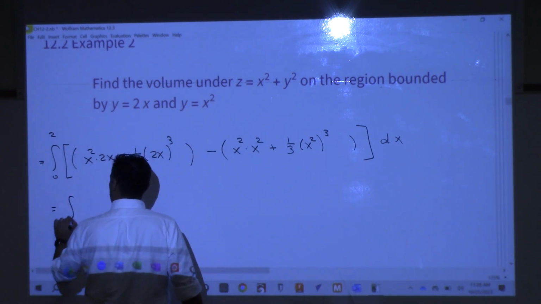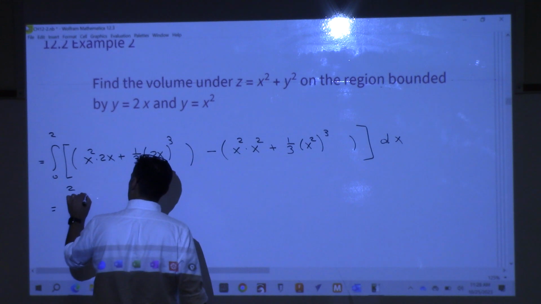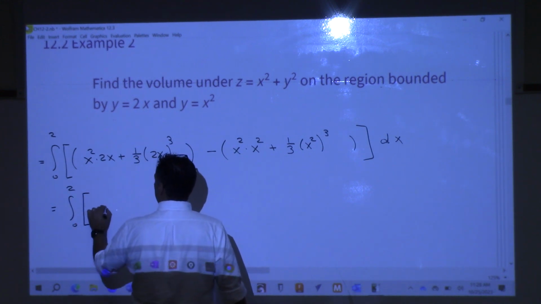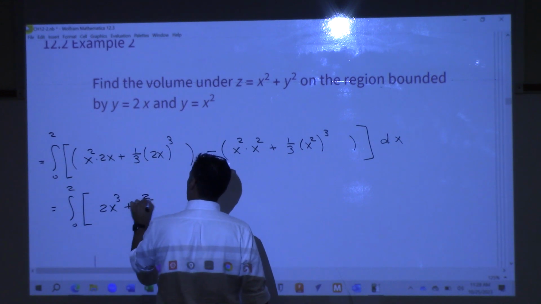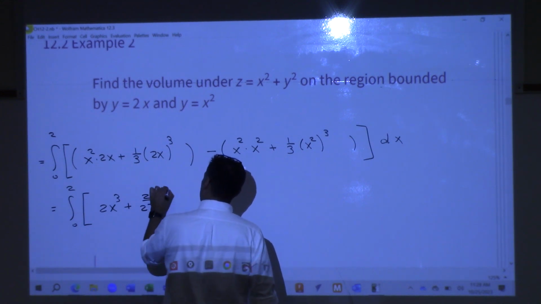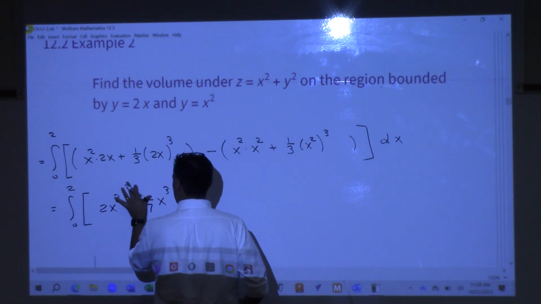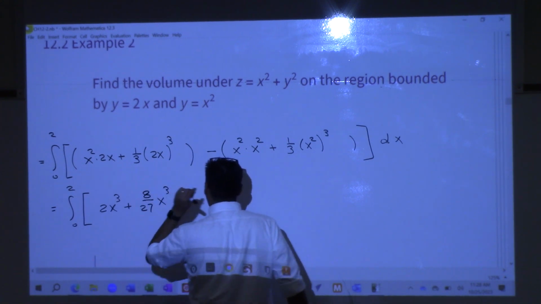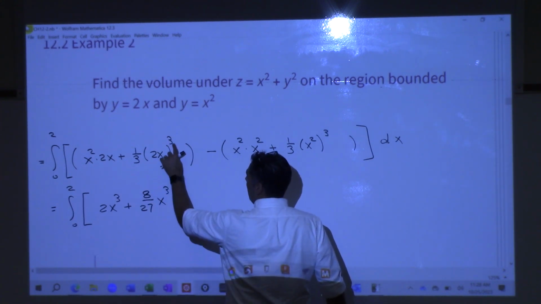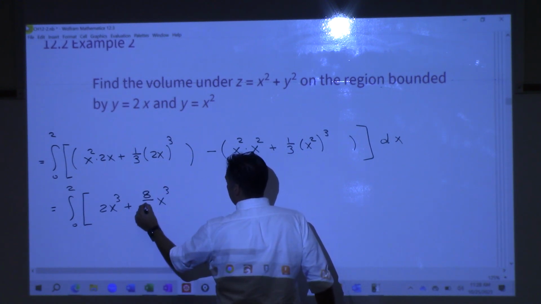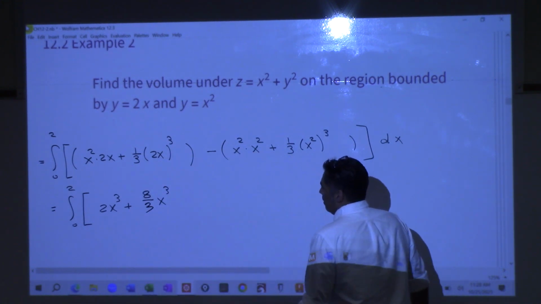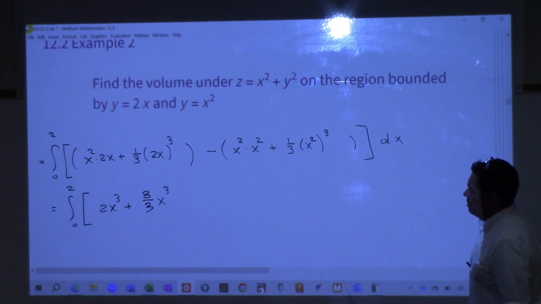Almost there. Integral 0 to 2, bracket. 2x cubed plus 8 over 27 x to the third. I cube the 2, cube the x, and then I just divide by 3, so 8/3.